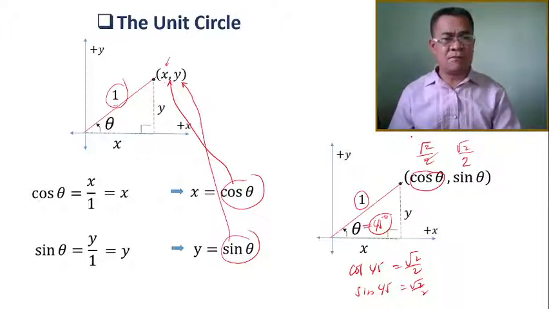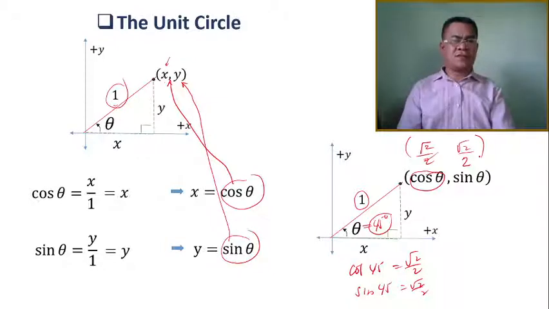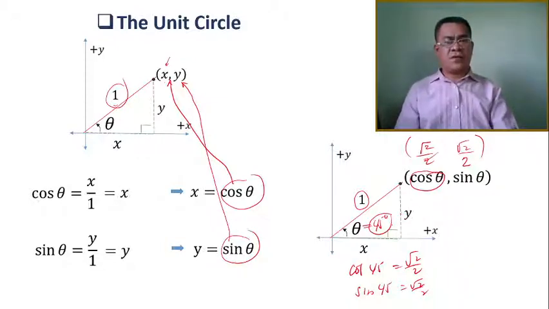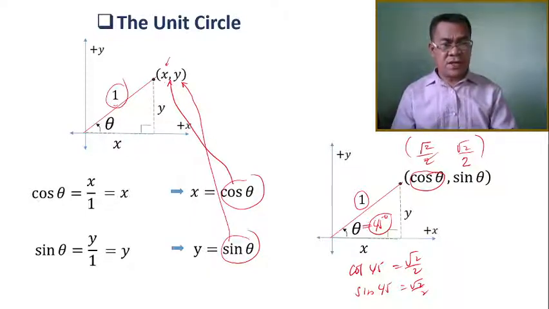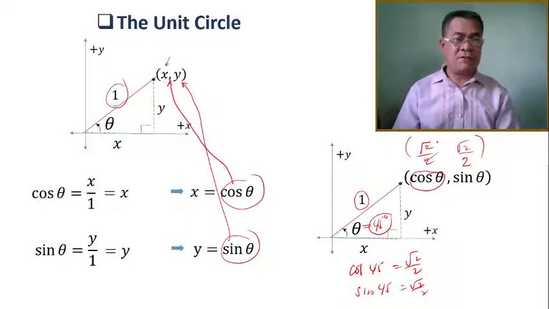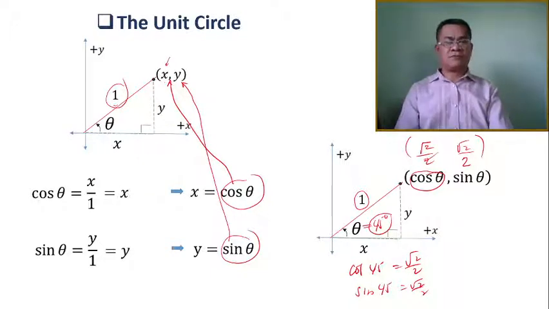So these are the coordinates, which means that we can always evaluate the cosine of this angle 45 degrees if we are given the coordinate of that angle, vice versa. Or if you are asked to find the sixth trigonometric function of this angle, and you have this coordinate, then we can always provide the values of those functions.